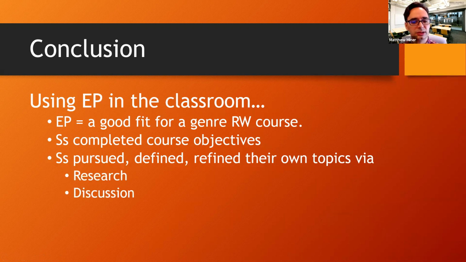Using research, discussing with their partners and teacher, writing the genre, whether it be an information report or a research essay or whatnot, and then of course revising after teacher feedback, after peer feedback. So it was kind of the best of both worlds in that students learn these writing conventions, practice good academic writing, but also were able to engage with their own learning goals, their own personalized learning goals.